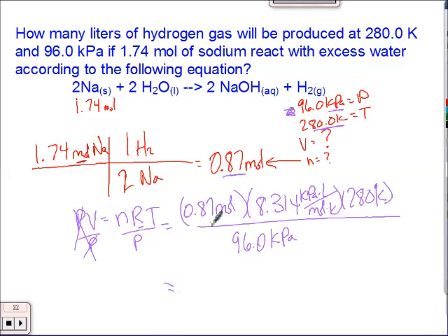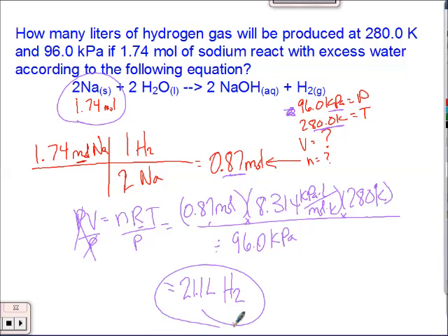So multiply this, 0.87 times 8.314 times 280 divided by 96, and I get 21.1 liters of hydrogen made when I react 1.74 moles of sodium. And that's what the problem's asking me to do.